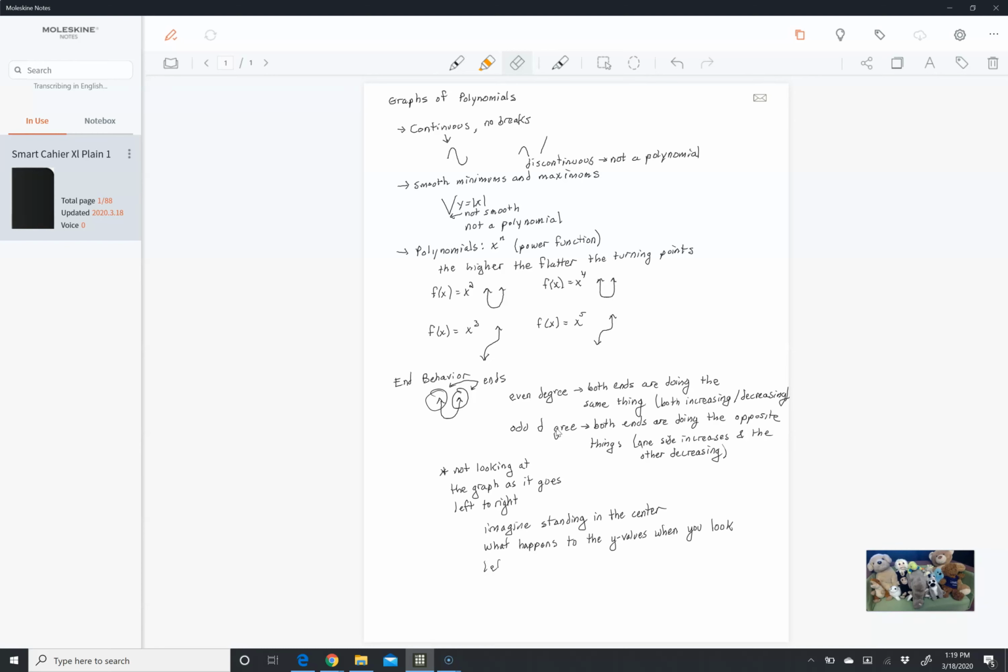So you're saying what happens when you look left and what happens when you look right. So for example, let's say that we have this very nice graph. This is an example of a graph of a polynomial. You're going to get a better idea as to how we come to get a graph like that.